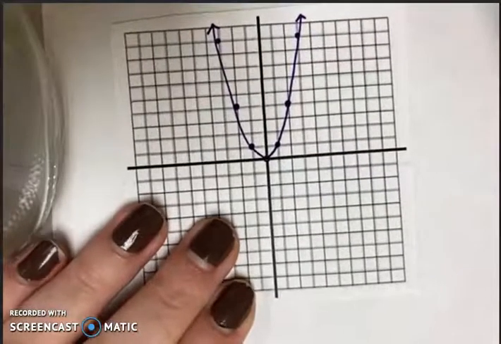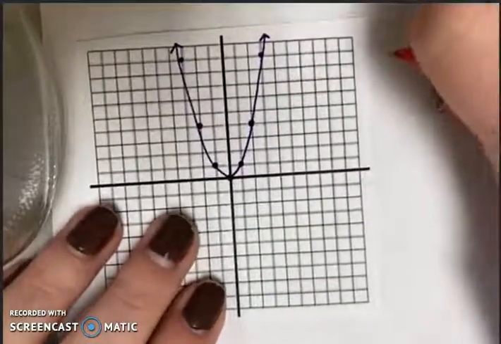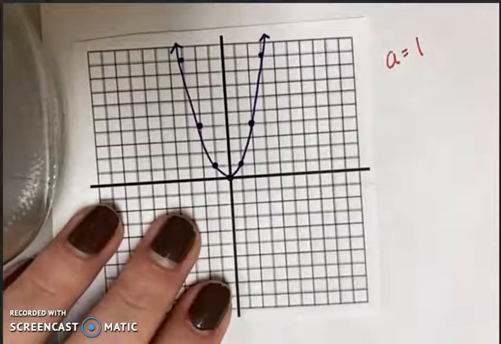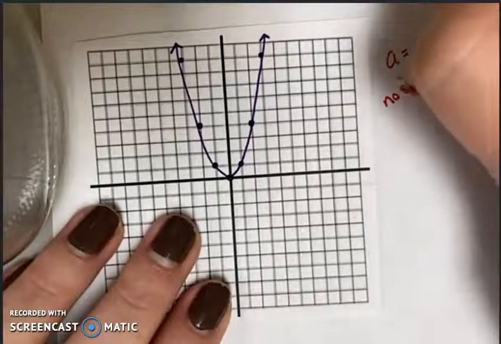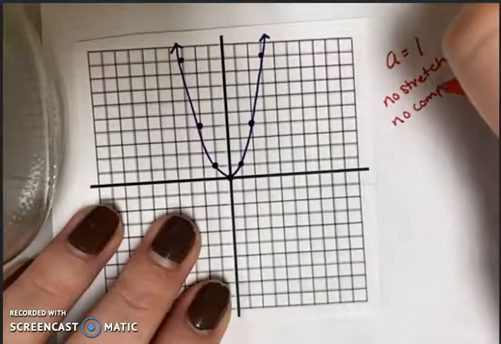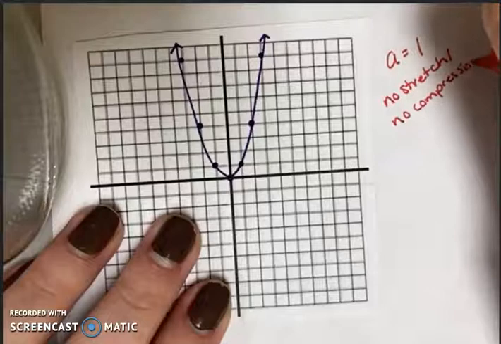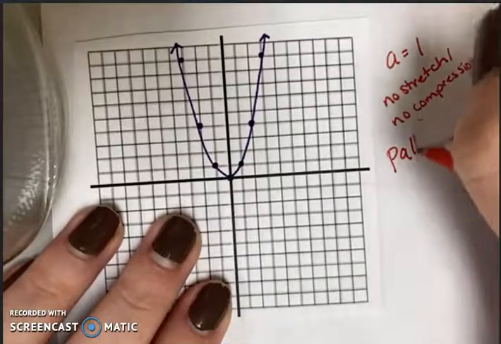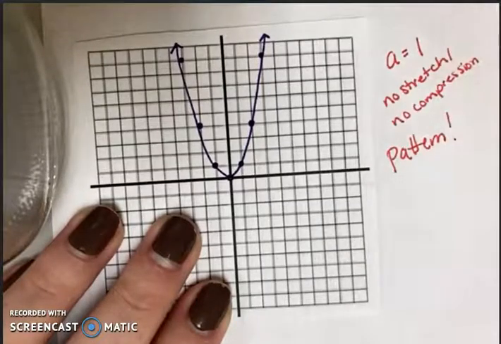Whenever we have a quadratic function that has an a value of 1, meaning that there's no stretch and no compression, you're going to see a pattern. The pattern is going to be how we move from one point to another.